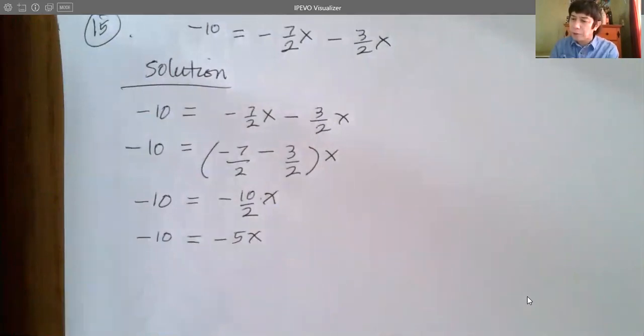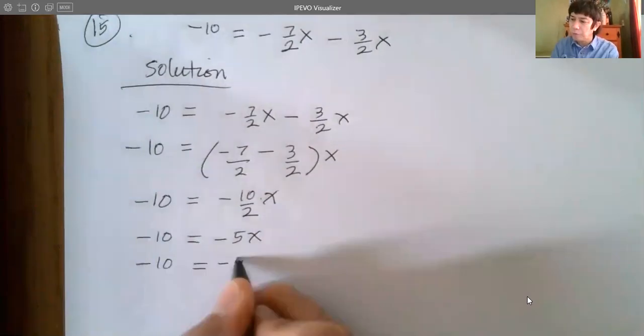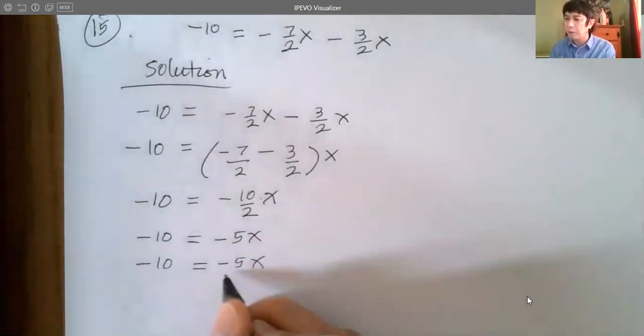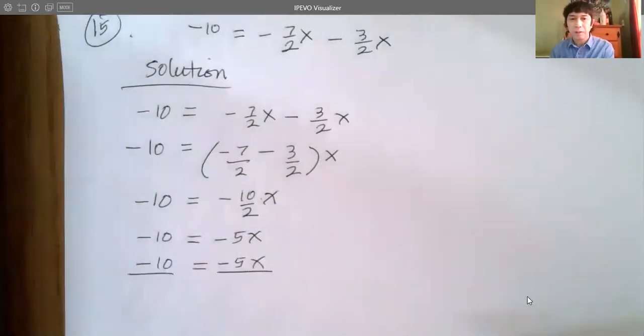So we write it once more, and we put the division symbol, and we use the number coefficient to the variable, and that is -5 as divisor. There. Don't forget the negative sign.